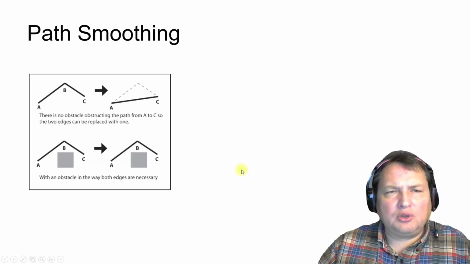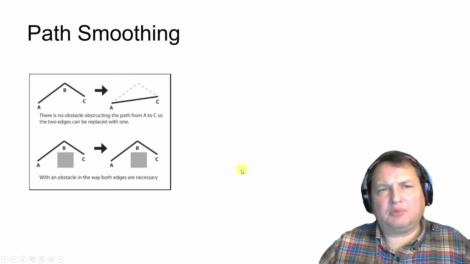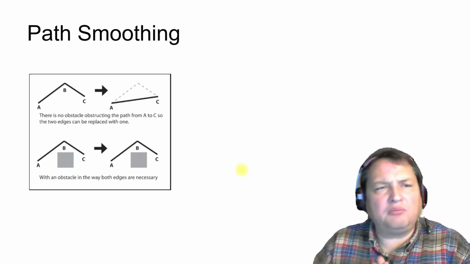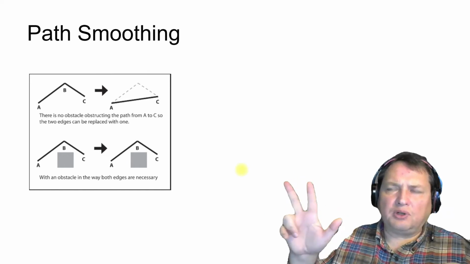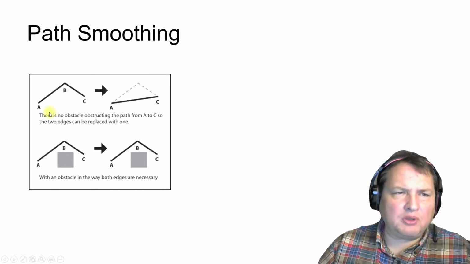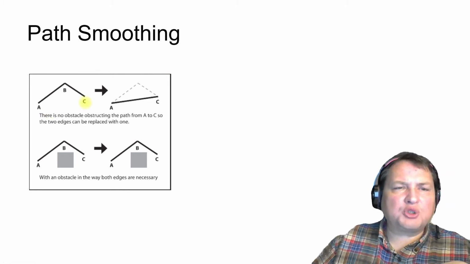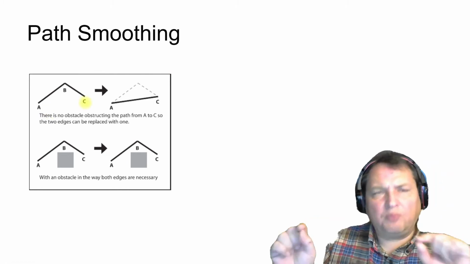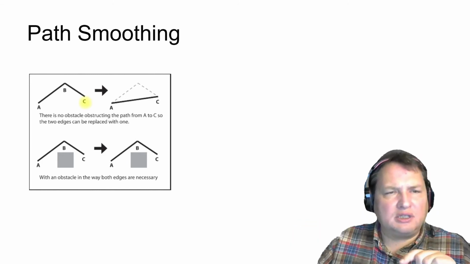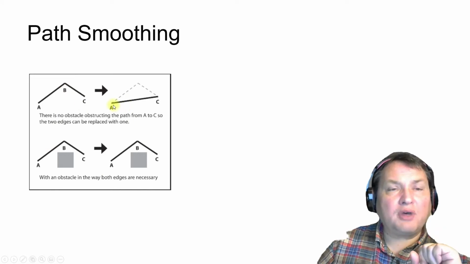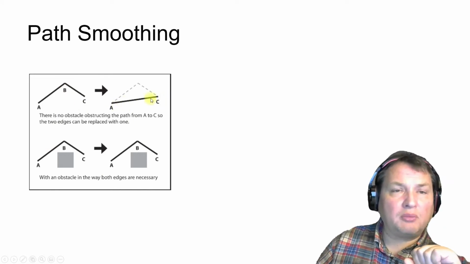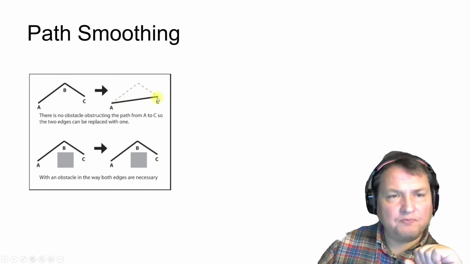How can you do it? This is another reasonably simple algorithm, which always looks at three consecutive points, for example, points A, B, and C. Now, if there is an unobstructed, so visible, pathway between A and C, then we can remove B from the path and provide a direct connection from A to C.